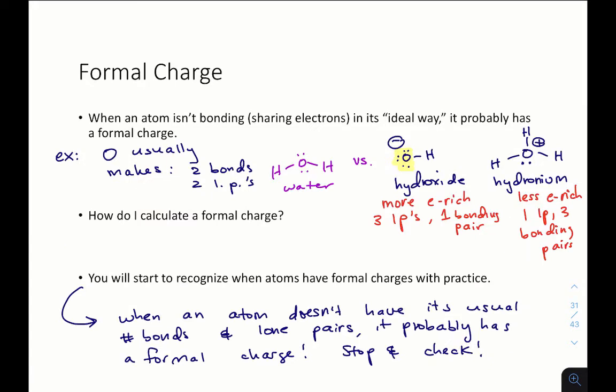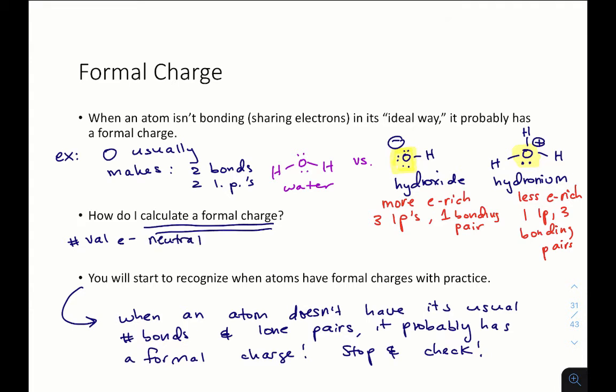Now that you know what to look for, how do you calculate a formal charge? Well, this is the formula that I use. Take the number of valence electrons for a neutral atom. So for these examples, we can see that it's oxygen that isn't behaving in its normal way. It's not bonding in its usual lowest energy fashion. So you'd want the number of valence electrons for a neutral atom of oxygen.